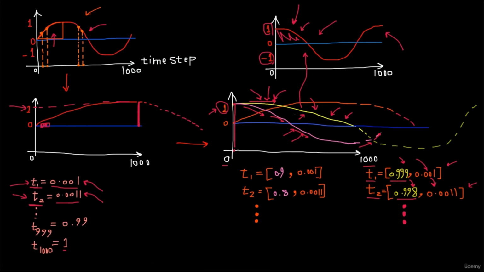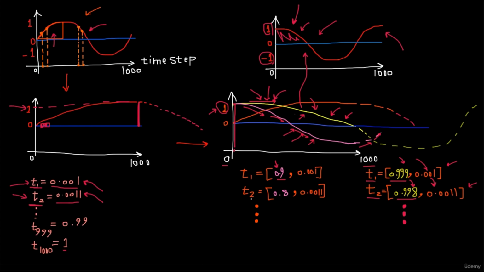So now, if we want to check the value of time step 1 for this pink cosine wave, the value of T1 will be, let's say, 0.9.